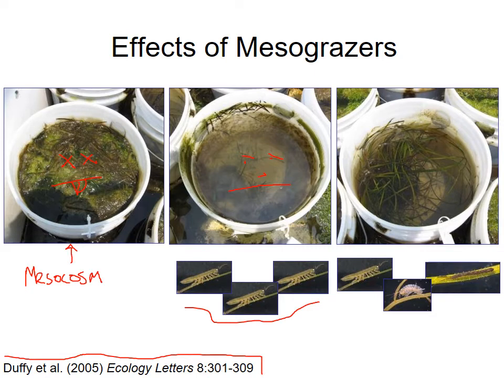But it turns out that sort of the Goldilocks situation was when we had a diversity of mesograzers. So instead of just a whole bunch of one kind, we had a mix of many different types of mesograzers that were able to effectively eat all the different types of algae and did not overgraze the seagrass. So they didn't eat the seagrass, but they ate a bunch of the algae, and this was kind of the ideal situation that we were waiting for.